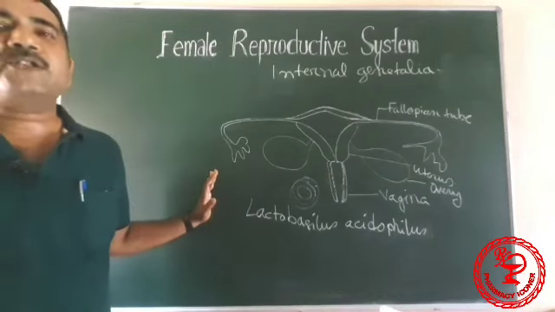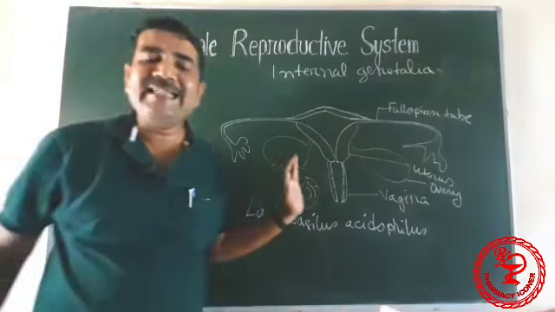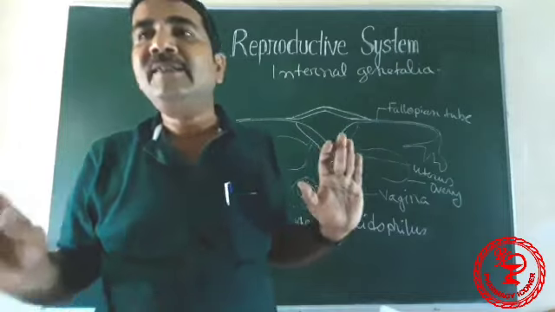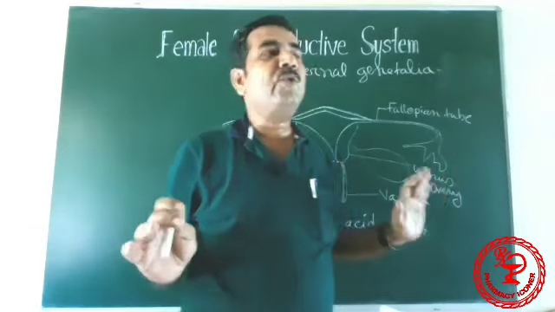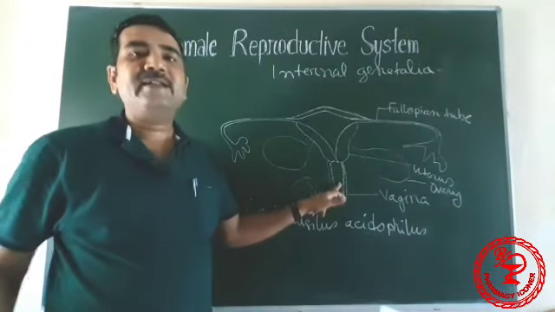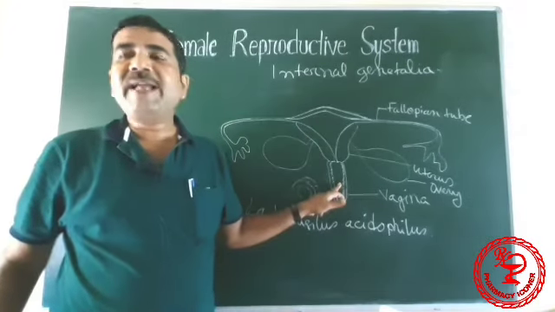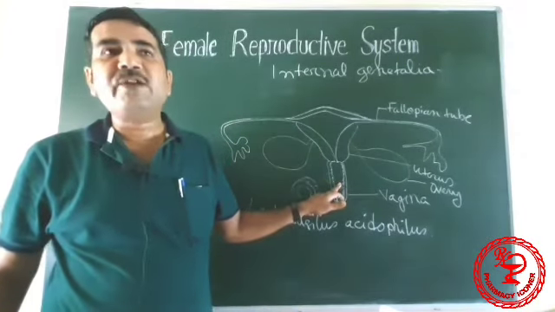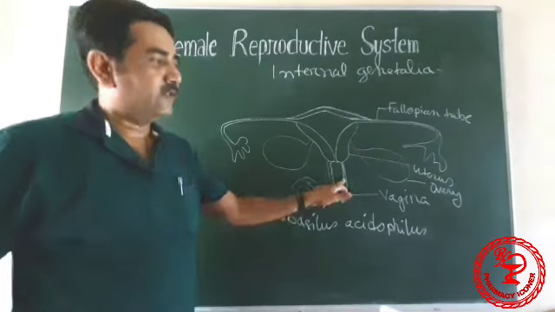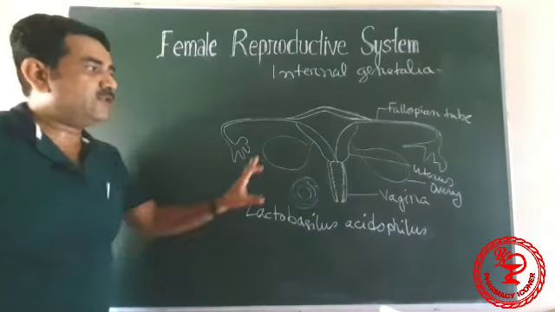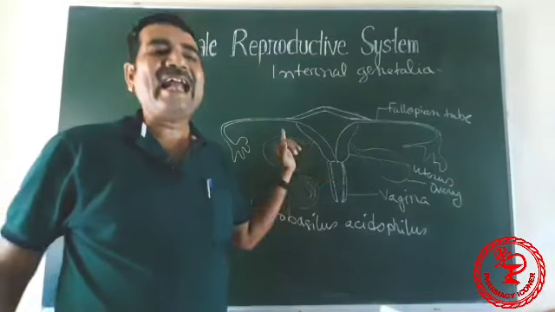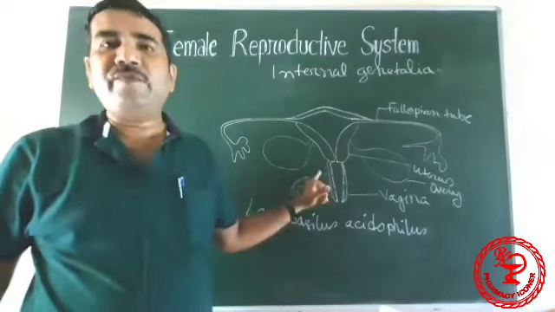These microorganisms produce lactic acid inside the vagina. That is why the vaginal environment is acidic, which prevents microbial growth in the vagina. So now the function of the vagina: it acts as a receptacle of the penis.